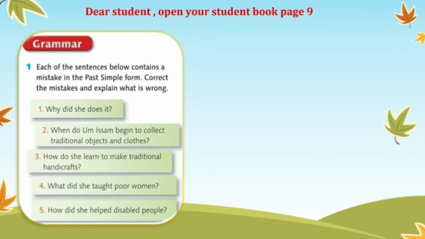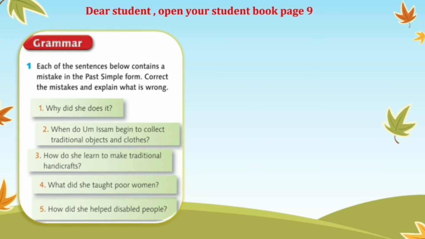Dear students, please open your student book, page 9. In this exercise, each of the sentences below contains a mistake in the past simple form. Correct the mistakes and explain what is wrong.